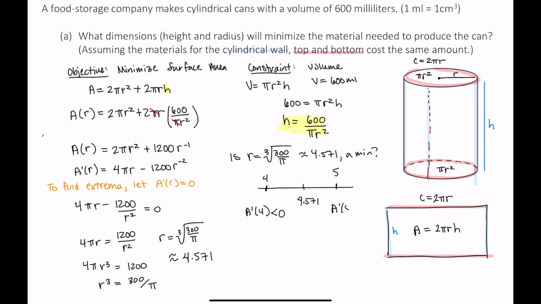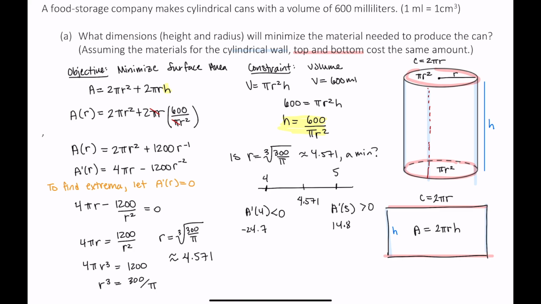And here, A prime of 5, I'm going to have 20, that's 4 times 5, 20 pi minus 1,200 divided by 25. And if you don't see this, type it into your calculator, but that's definitely going to be positive. And if you need to see it, this one here is about negative 24.7. This one here is 14.8. This one's definitely positive.